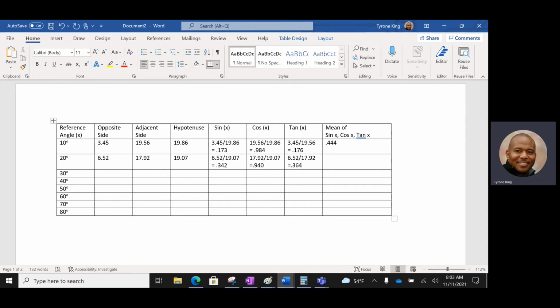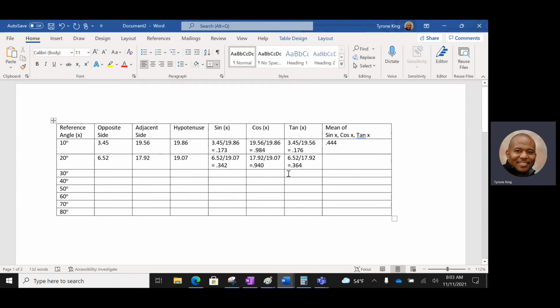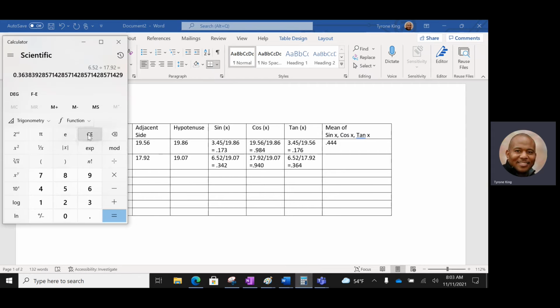If I added all these together and divided them by 3 to find the mean, let's see what we get. I am going to add 0.342 plus 0.940 plus 0.364. That's going to equal 1.64. And I'm going to divide that by 3, and that's going to give me 0.549.